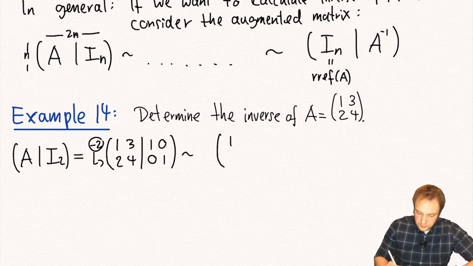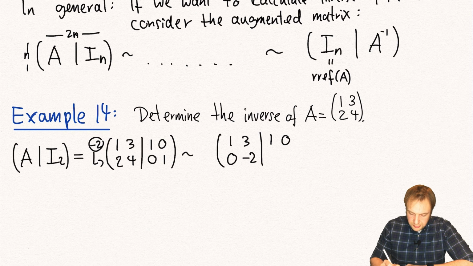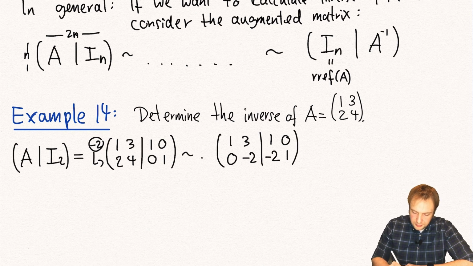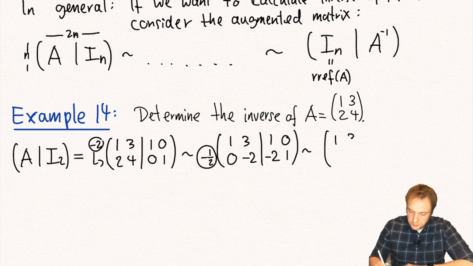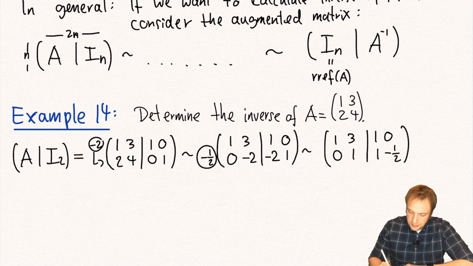So we have 1, 3, 1, 0, 0, -2, and here -2, 1, and then here times -1/2, 1, 3, 1, 0, 0, 1, 1, and -1/2, and -3 times this row there.